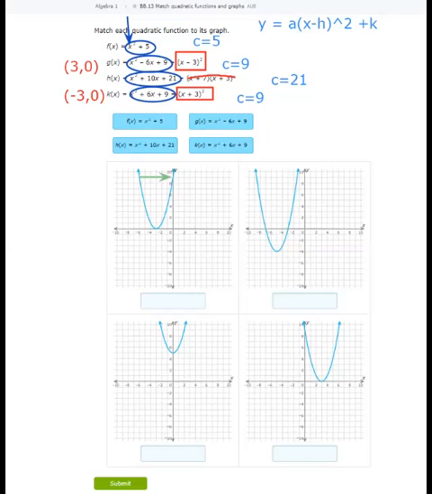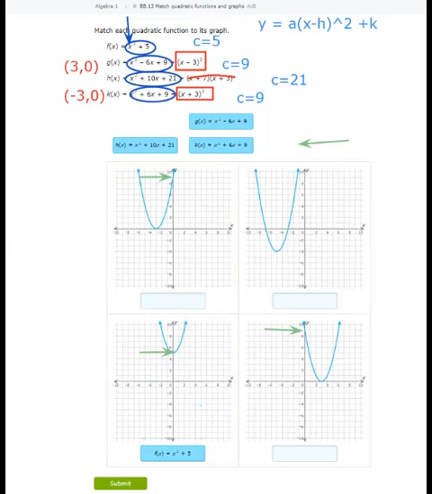Our y-intercept for this next graph is somewhere on the equation that we can't see, so it's greater than 10. For this third graph, our y-intercept's at 5. And for this one, our y-intercept's at 9. So we can already tell ourselves that the f of x, or our x squared plus 5, has to be this third graph. So I'm going to go ahead and put this one with our third graph.